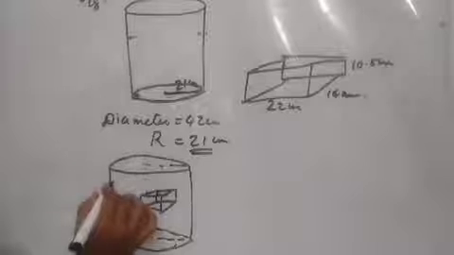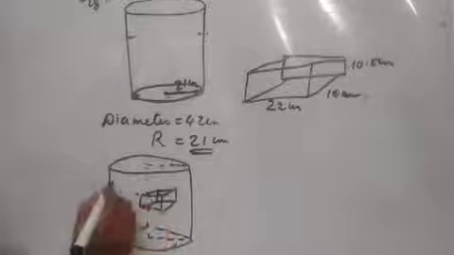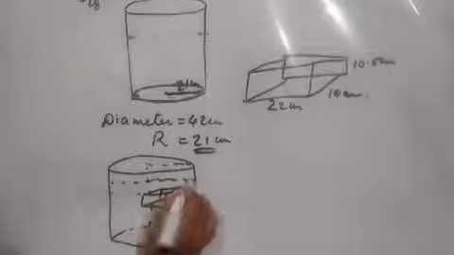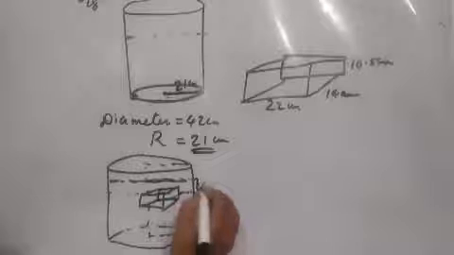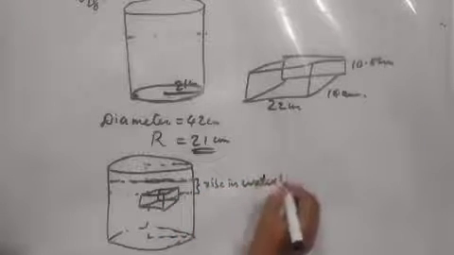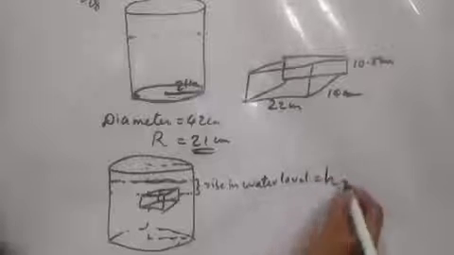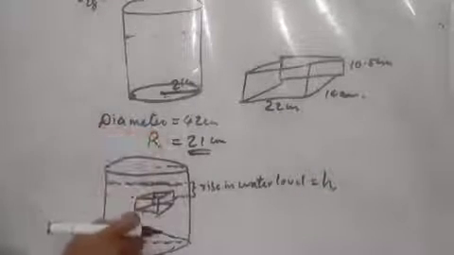At first, the water level is here. So what about the rise in water level? Yes, there is a height difference. Let the rise in water level be h centimeter.